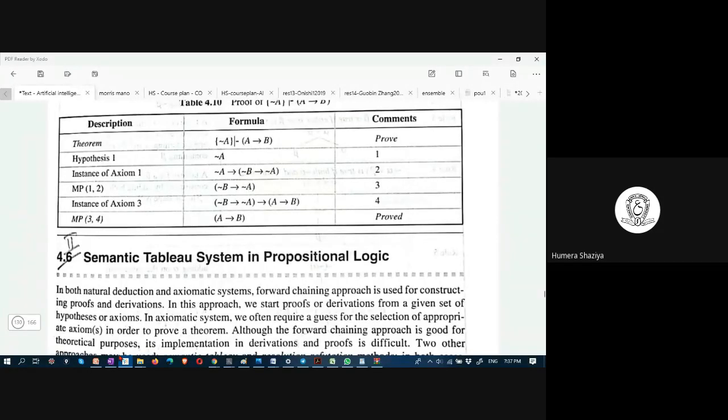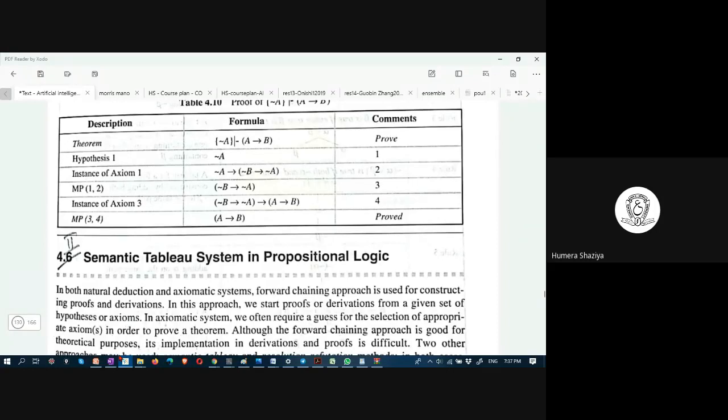Applying the modus ponens rule on 1 and 2, we get just this: not B implies not A. Because if you treat this as alpha and this is beta, so alpha is gone and only beta is left as a consequent in the modus ponens rule.